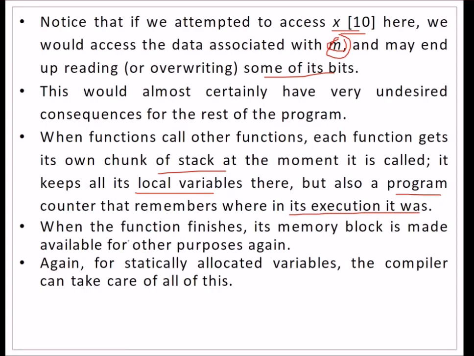Once the function does its work, the memory block is made available again for some other purpose. And if these are statically located variables, the compiler can take care of all of this.